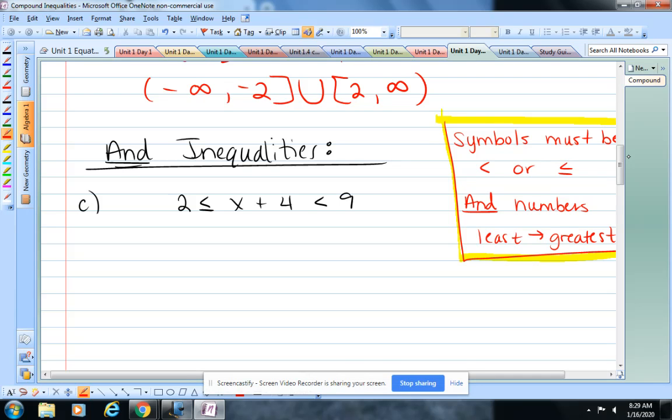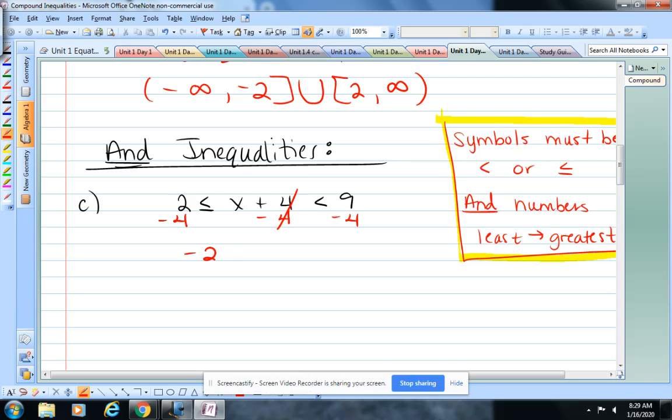So what do you think we would do mathematically to get rid of that 4? Subtract 4. So I'm going to subtract 4 in the middle. I'm going to subtract it to the right and to the left. Okay? So you just subtract 4 on all three sides, including the middle. And in the middle, it cancels out. Right? And on the left side, what's 2 minus 4? -2.